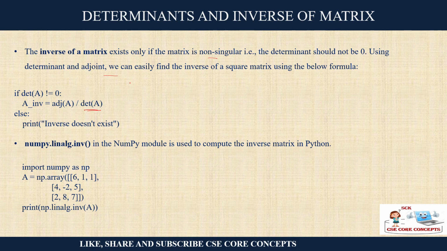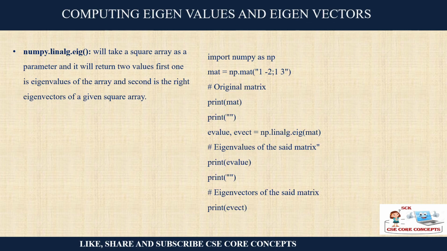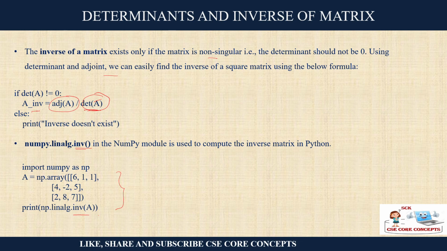Now if you know the determinant and you have the adjoint, you can easily find out the inverse of a square matrix using this formula. This is known to you all. The other way is that you give a matrix and simply write the function, and it will find out the inverse for you, right? And you have to have eigenvalues and eigenvectors.